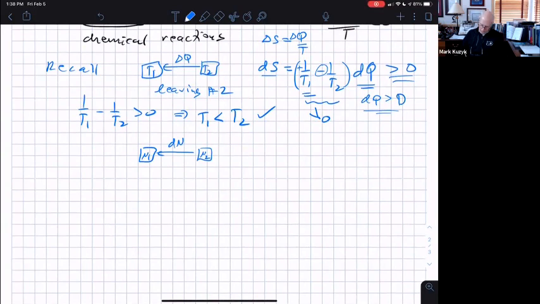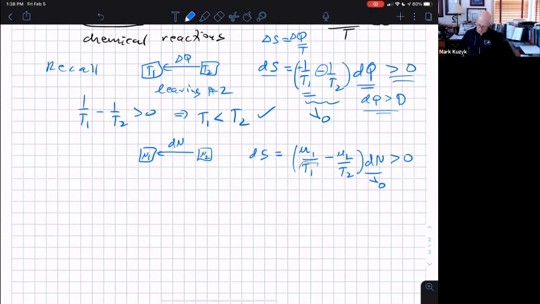So in the same way, I can say, well, dS, by the way I've defined this, I'm going to have mu1 over T1 minus mu2 over T2, times dN, has to be greater than 0. Okay? Well, based on the signs that I've picked, this has to be greater than 0, right? So let me just make sure I'm doing this right.